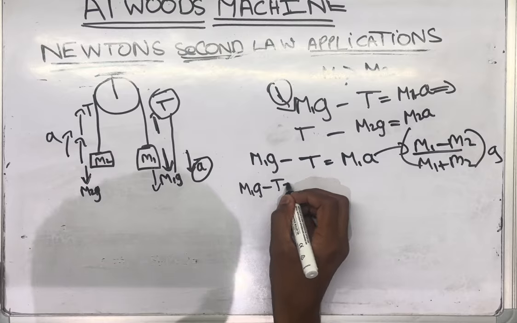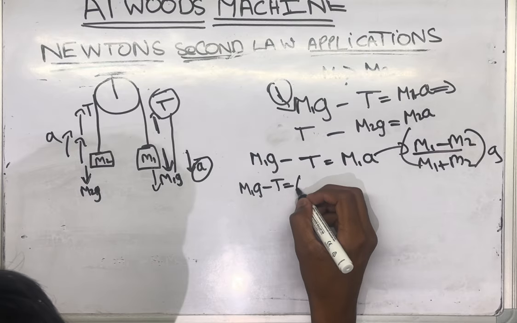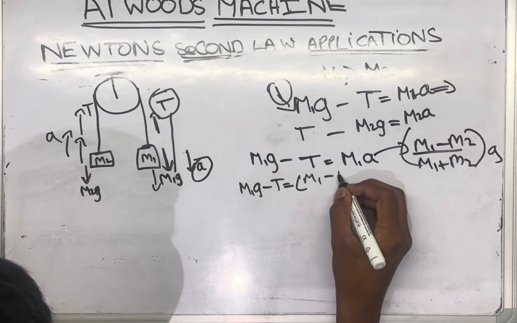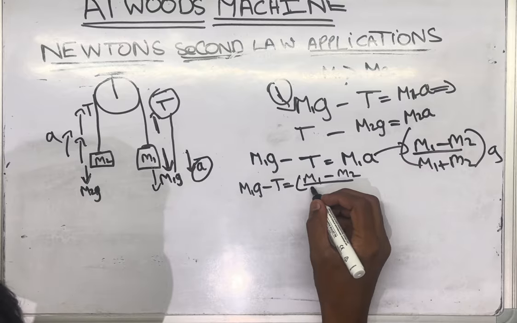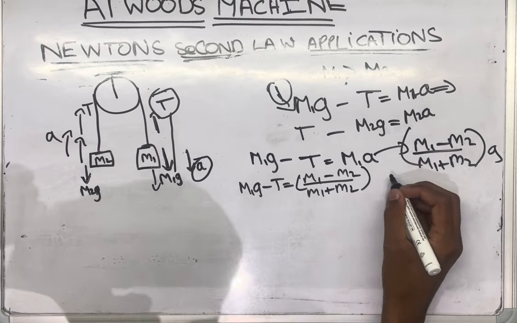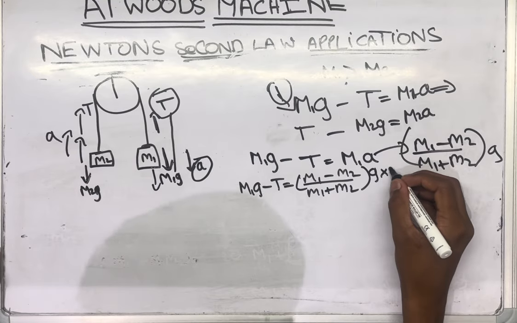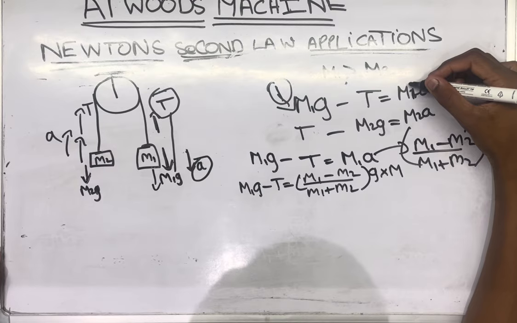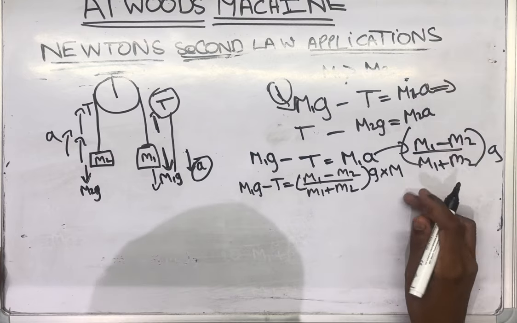M1g minus T is equal to M1 minus M2 by M1 plus M2 into g into M1. We forgot this M1 over here, okay?